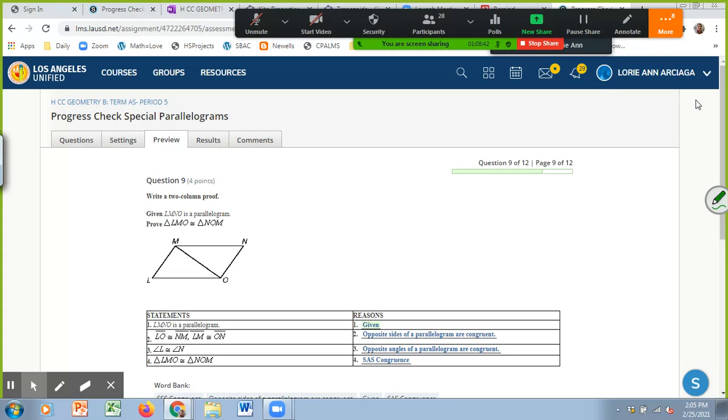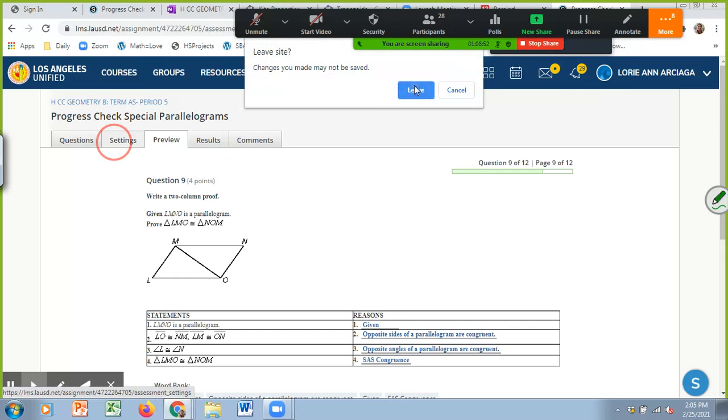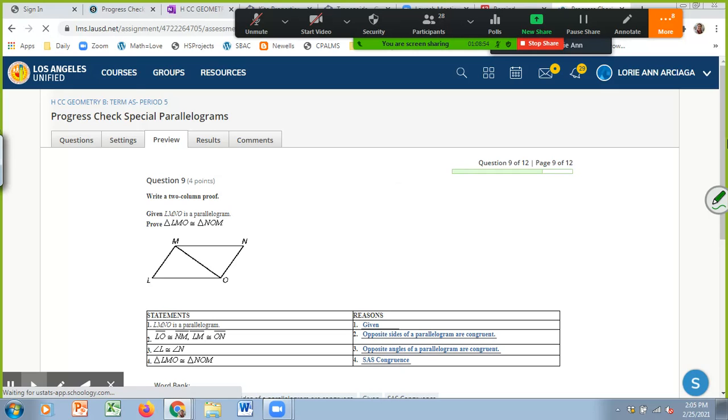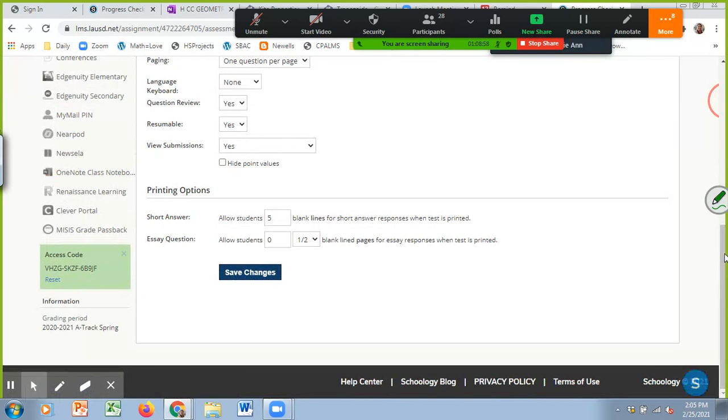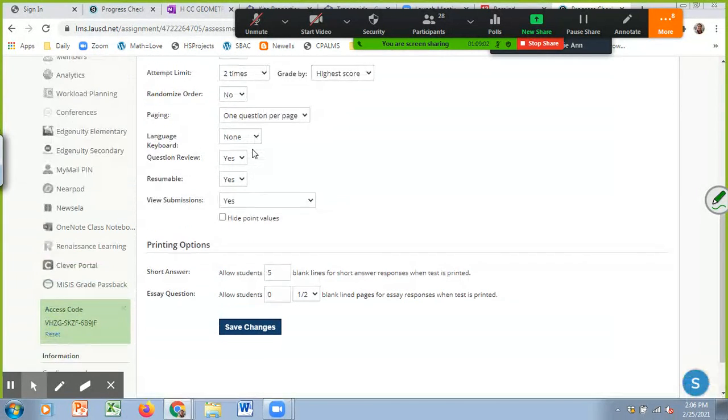Does it show what we got wrong once we submitted? That's a good question, because the other type sometimes shows it, sometimes it doesn't. I'm going to double check. I always enable it, but some students come back and say it doesn't show. I put yes here.